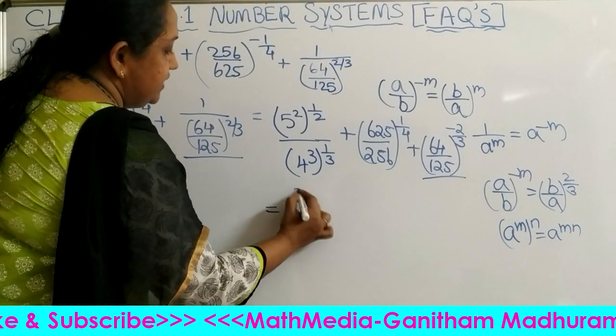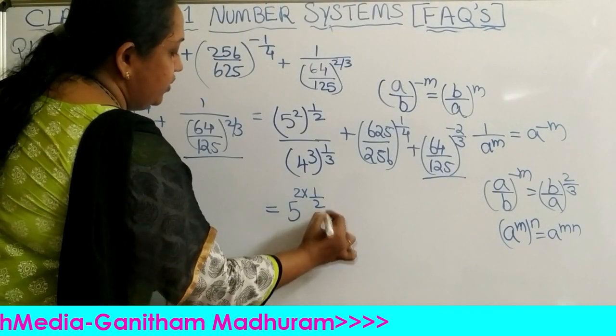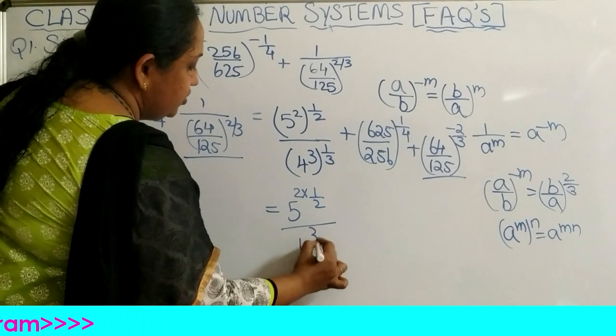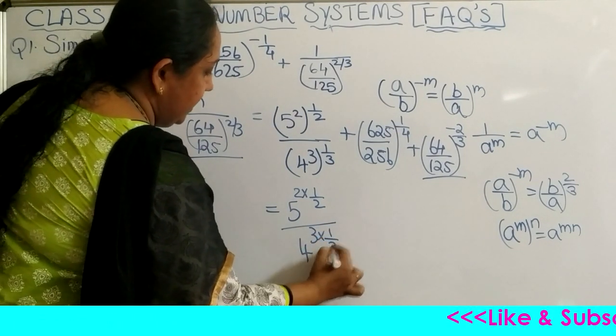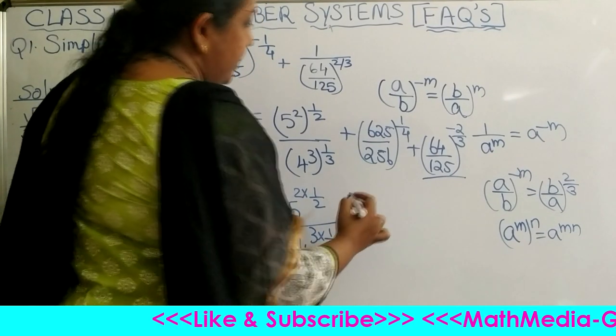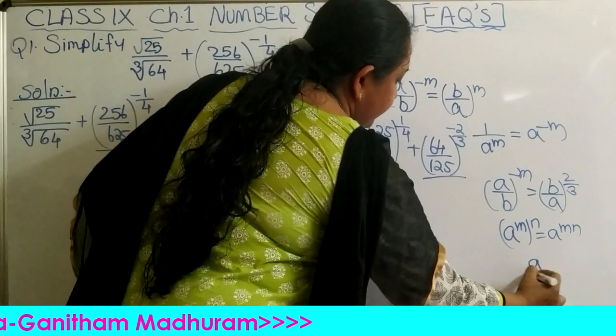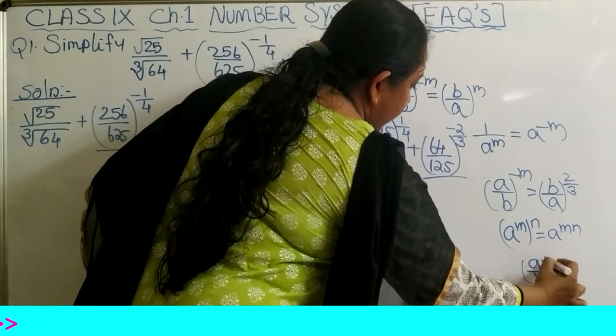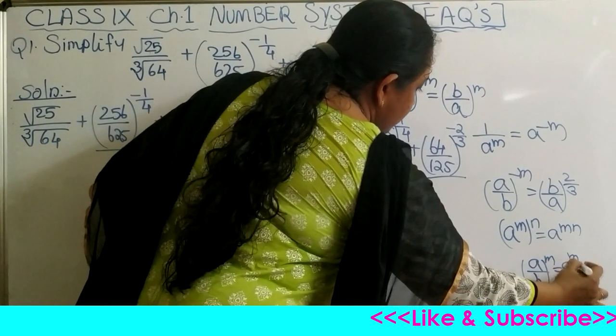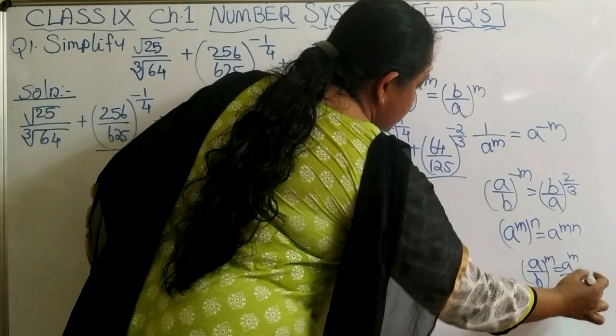That is 5^(2×1/2) upon 4^(3×1/3) plus, 625 can be written as, here (a/b)^m equal to a^m upon b^m.